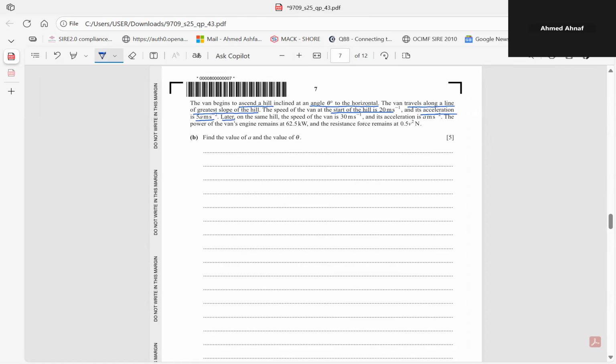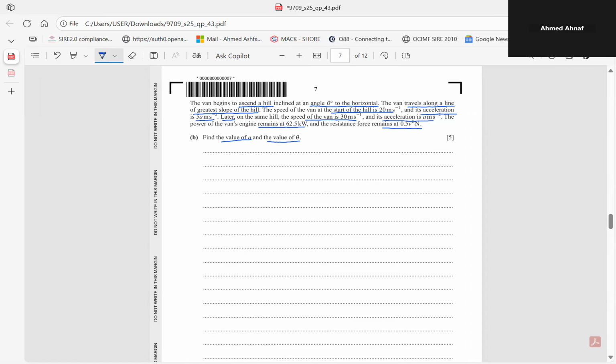Later, on the same hill, the speed of the van is 30 meters per second, and its acceleration is a meters per second squared. The power of the van's engine remains at 62.5 kilowatts, so it never changes throughout. And the resistance force remains at 0.5 V squared newtons. Okay, so for B, we're supposed to find the value of A and the value of theta.